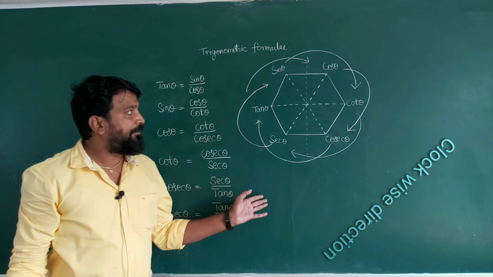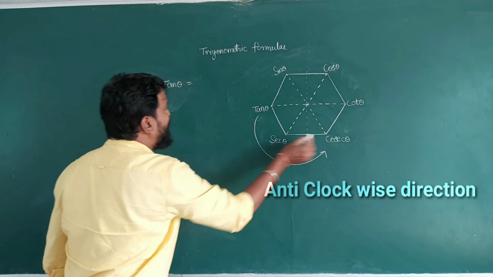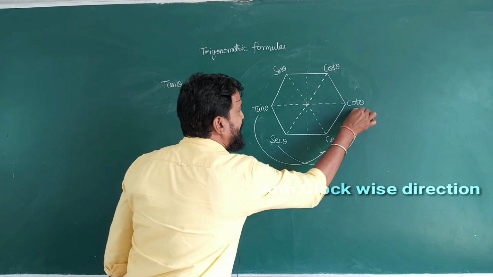Like this we can generate some trigonometric formulae. If we go in the anti-clockwise direction, for example, tan theta is equal to sec theta by cosec theta, and sec theta is equal to cosec theta by cot theta.